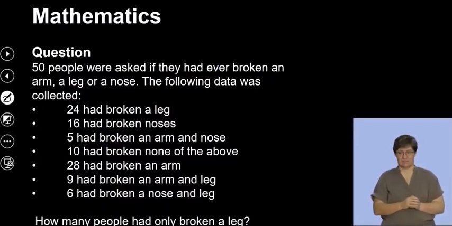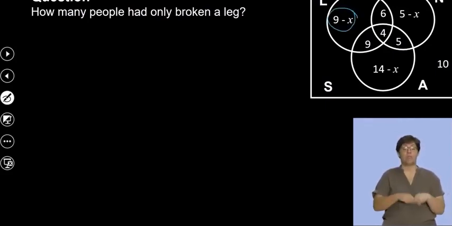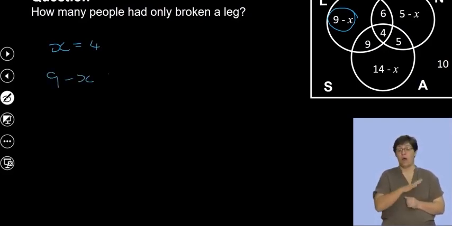They've asked us to see how many people have only broken a leg. Well, it's not difficult to see. In this case, only broken a leg is in that segment there. It means that we know that x is equal to 4, and we want to find 9 minus x.